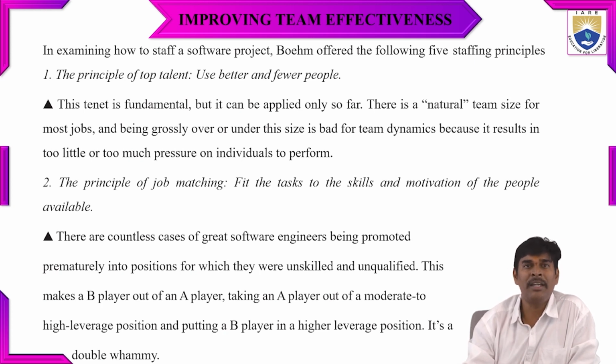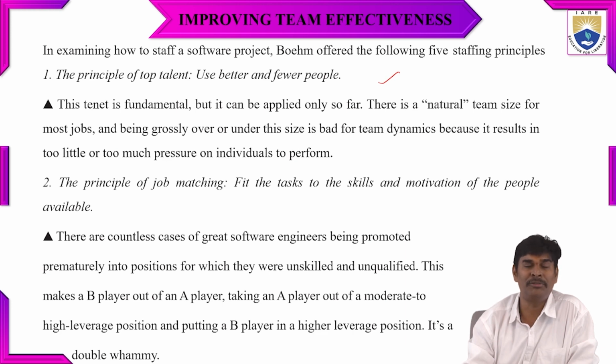So here we have staffing a software project. So Boehm gave the 5 staffing principles. The first one is the principle of top talent: use better and fewer people. It means while you are hiring, we need to select only good people, and also we need to hire only fewer people.